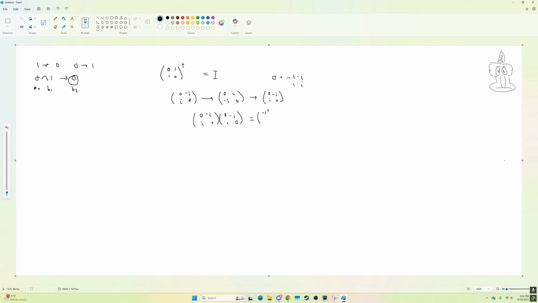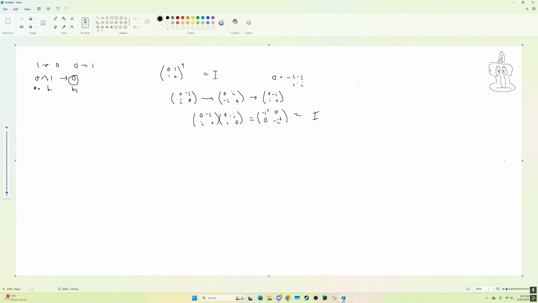Then we do this dot product with that, so you get 0. We do this dot product with that, so we get 0. We do this dot product with that, and we get minus i squared again. And i is equal to the square root of negative 1, so i squared is negative 1, and negative times negative 1 is 1, so you just get the identity matrix from that.